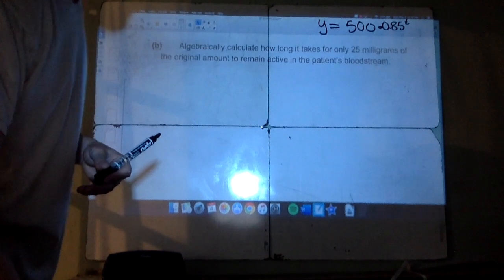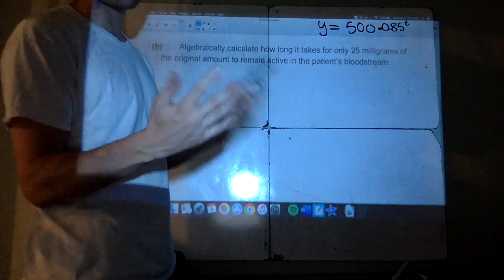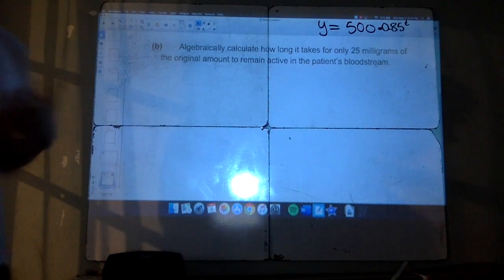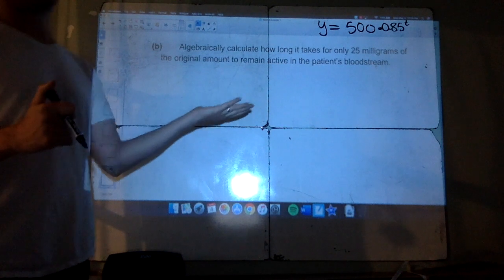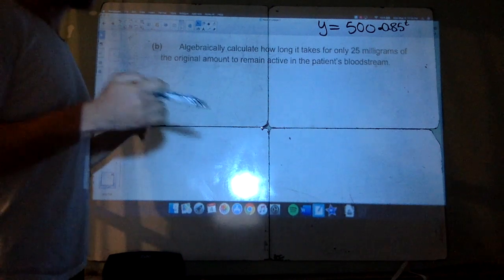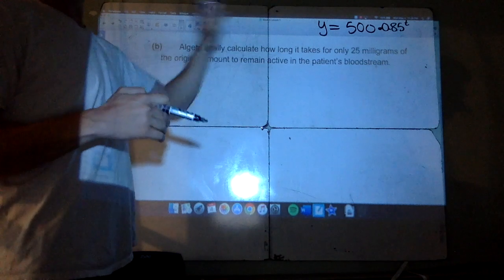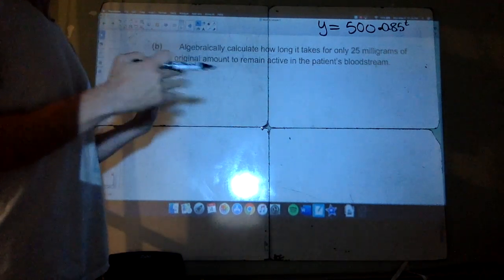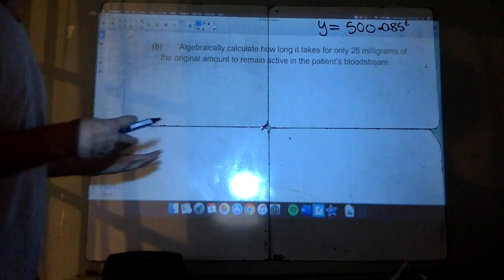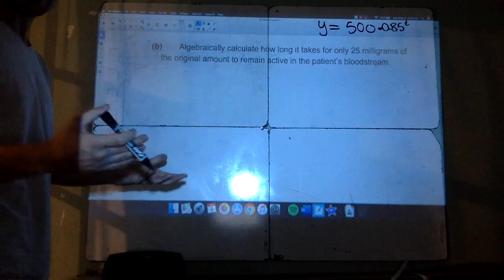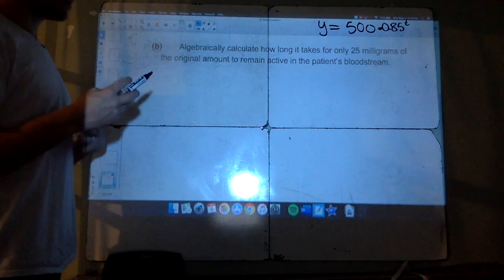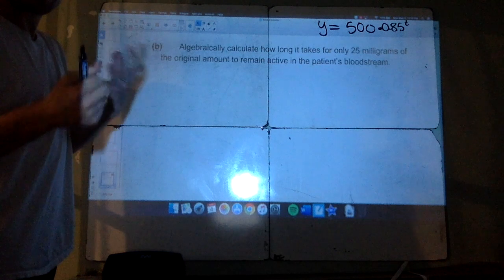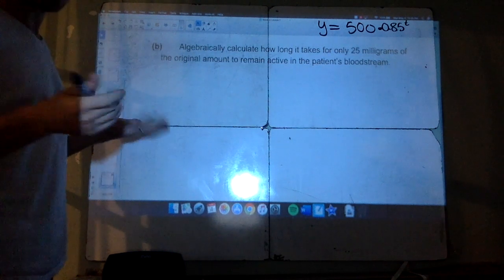And depending on the medication, that number really depends. For some medication, 25, you'll still be okay, but some you never want it to drop below 250 milligrams. So that number really depends on what medication and the person and the person's size. That number is really arbitrary and it varies a lot in different situations.